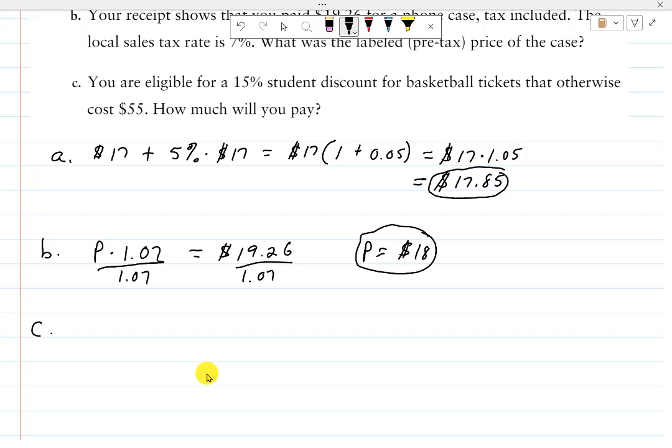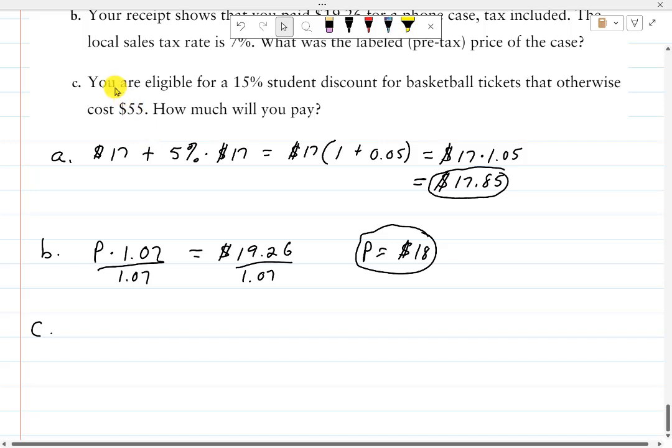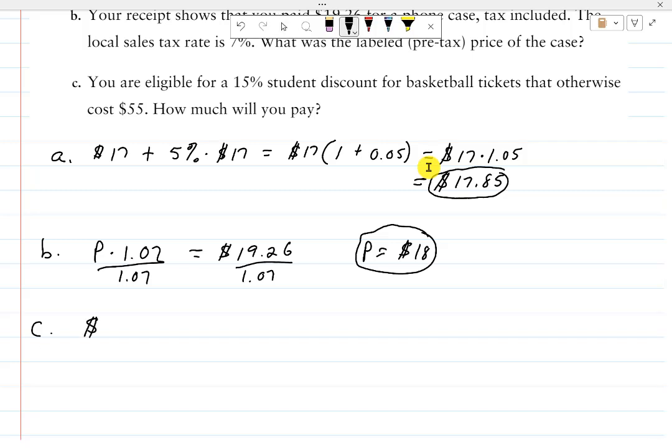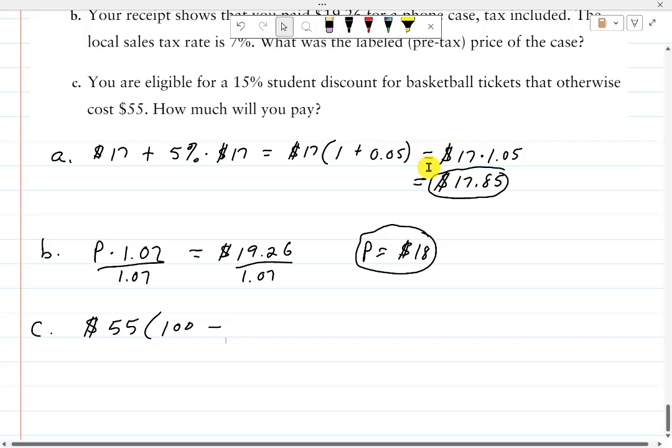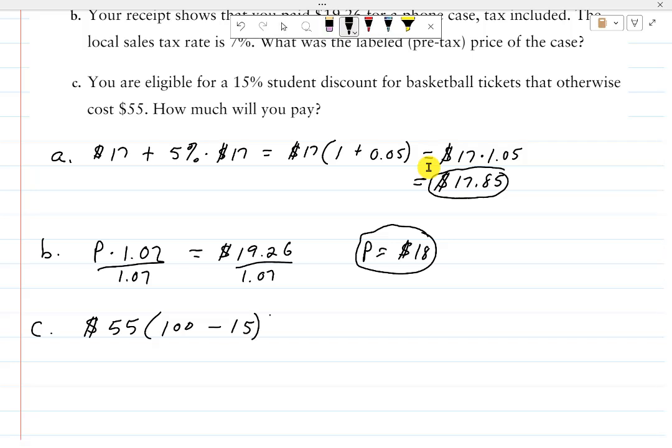And finally, Part C. Here, you are eligible for a 15% discount. So instead of adding 0.15, you're going to subtract it. So we have $55 as the normal cost. That's the normal 100% cost, but we're going to subtract 15% from it. Or if I convert everything to decimals, let me do that instead.